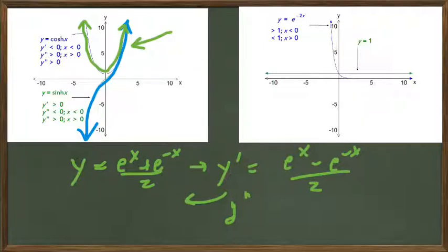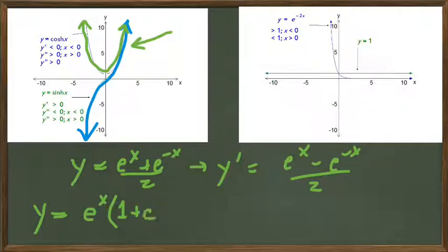So let's examine this function right here, cosh x, by factoring e to the x out of the numerator to give us e to the x times (1 plus e to the minus 2x) over 2.